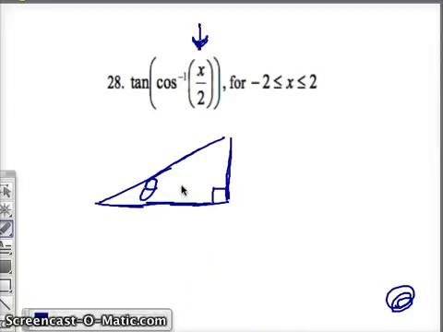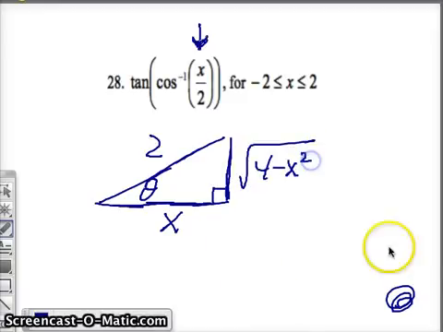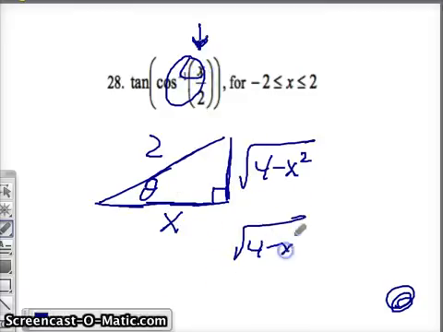And cosine of theta is x over 2. Cosine's adjacent over hypotenuse. If we did the Pythagorean theorem, wouldn't this be radical 4 minus x squared? Now the question is, what is tangent of this angle theta? Tangent is opposite over adjacent, radical 4 minus x squared over x.